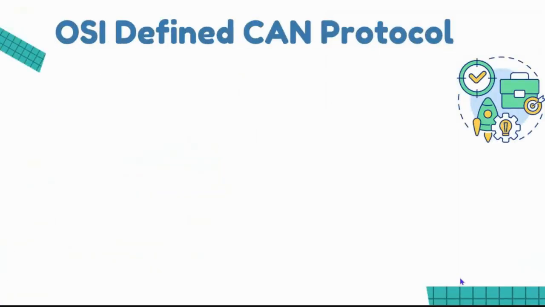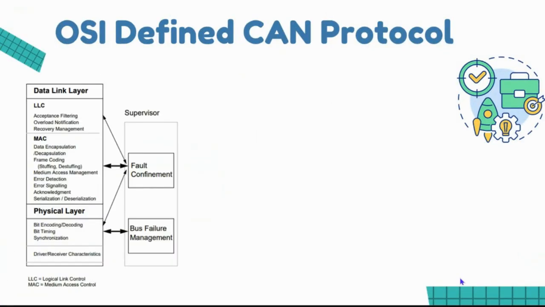How does the OSI model define the CAN protocol? We have the physical layer and the data link layer. In the data link layer, we have LLC and MAC. The LLC handles acceptance filtering, overload notification, and recovery management. It is the logical link control, and MAC is the medium access control.